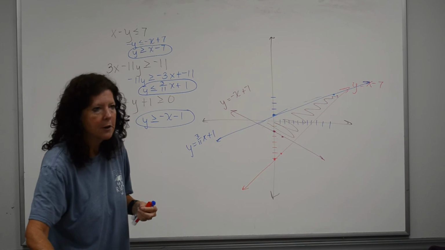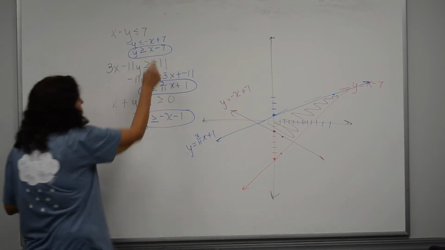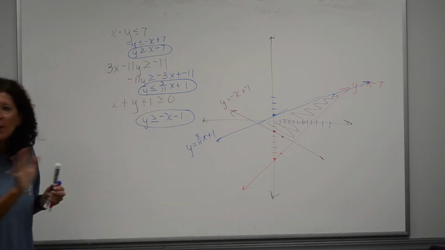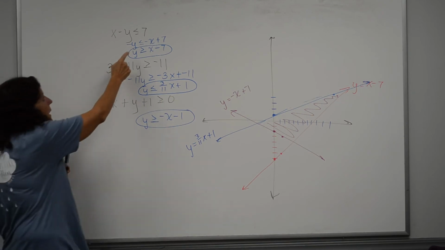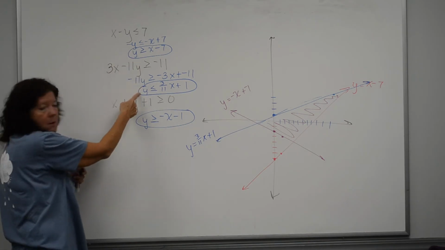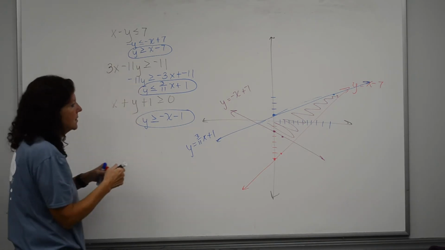Okay, pick up your calculators, put all 3 of those equations in there. Now you don't have to put the inequality, okay? Don't mess with the inequality, just put them in under y equals. So this is going to be y sub 1, this is going to be y sub 2, and this is going to be y sub 3.